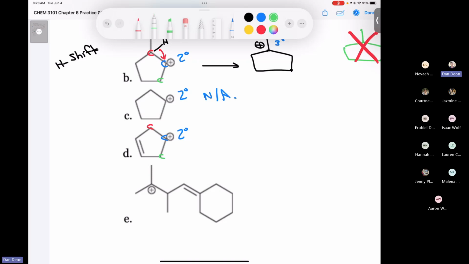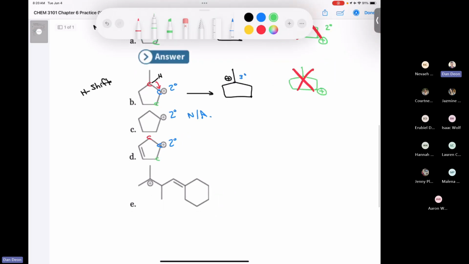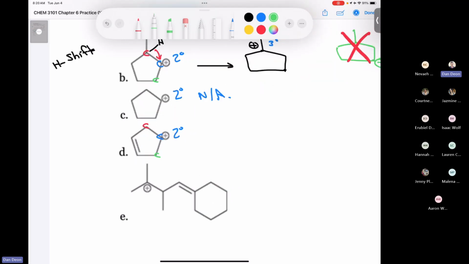Yeah, in this case, it's not going to happen, is it? It wouldn't happen because if you were to shift over the hydrogen from the red carbon, let's say you took this hydrogen and shifted it over here, then you end up with this.